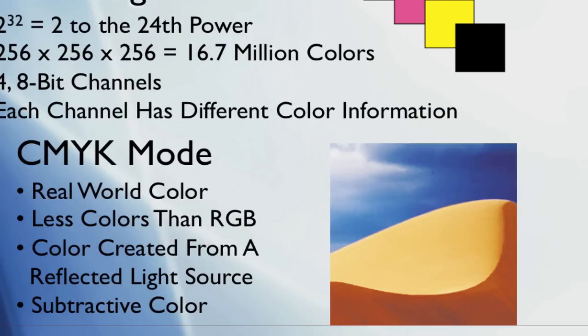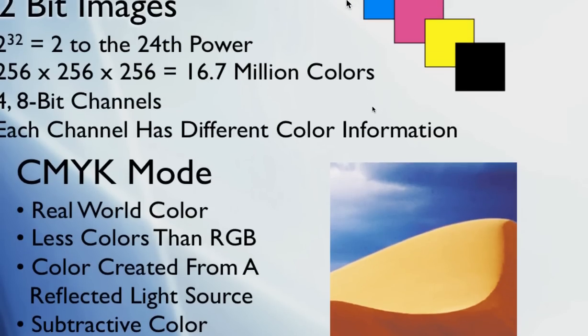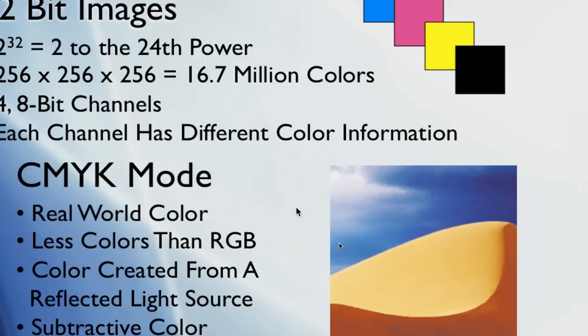So when we look at the cyan channel of this image, we would expect it to be very dark, almost black. Why? Because there's obviously a lot of blue or cyan in this image. We would also expect the magenta channel to be a very dark grayscale image, because there's obviously a lot of magenta in the sky, as well as a lot of information in the dune area below.